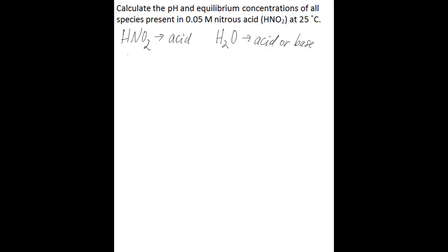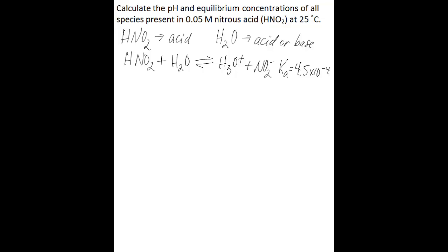One is that you have nitrous acid transferring a proton to a water molecule to give you the hydronium ion plus the conjugate base of nitrous acid, which is the nitrite ion. And the Ka for this reaction is 4.5 times 10 to the negative 4. You can look that up in a table of acid dissociation constants.